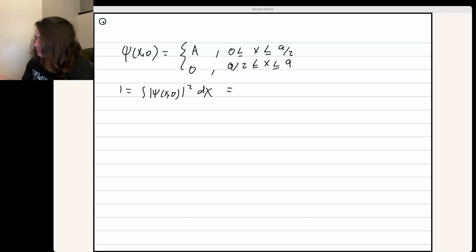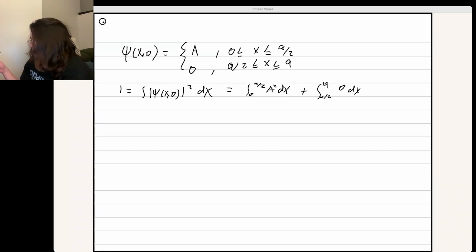And that turns out to be a squared dx from 0 to a over 2, and then integral with a over 2 to a, where you're just integrating 0. I'm just not going to integrate that because that's just going to end up being another constant.